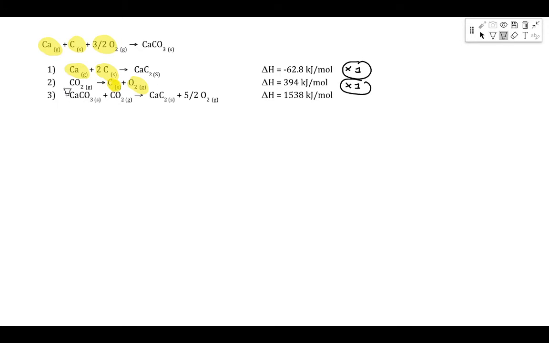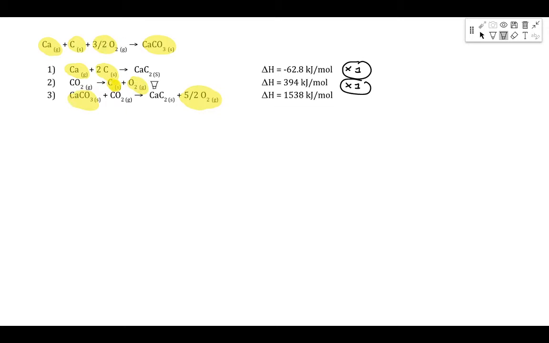So if I take a look at the next one, I have CaCO3, which is here and here, right? And this seems to be on the opposite side. I've got CO2 that's not in the target equation, and I've got 5/2 O2, right? So I have this oxygen here, whereas I have 3/2 oxygen on the left side.